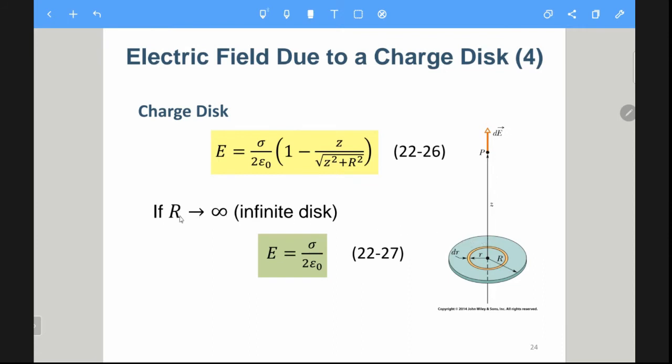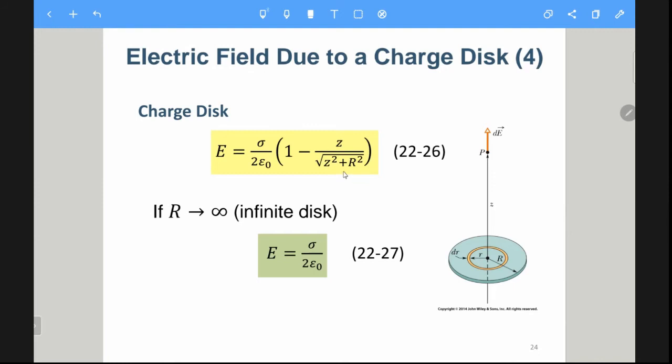But the case here is that if we assume capital R is infinity, then this term will be 0. Why?